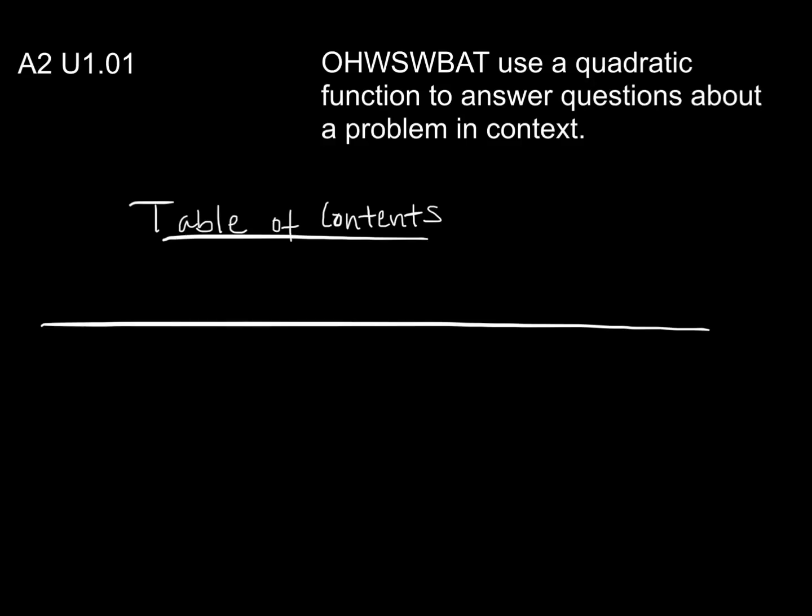We're going to use quadratic functions to answer questions about a problem in context. You're going to write the name of the unit and the lesson, so Unit 1.01, and then you're going to write the aim, what we're accomplishing in this lesson.